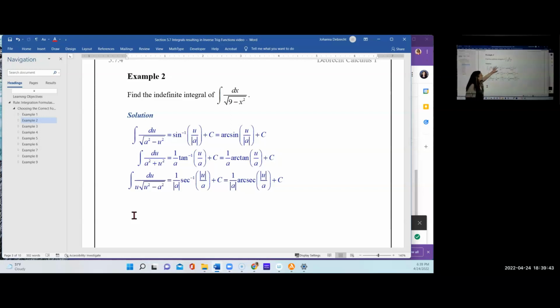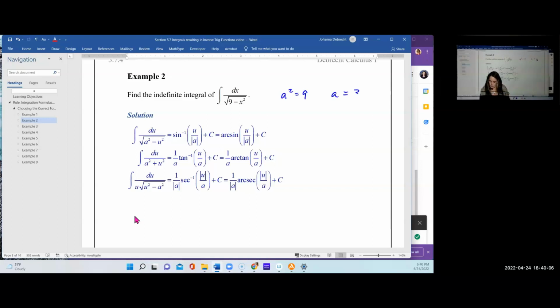We now need to take this original integral and convert each piece until it looks exactly like the formula on the left, up to maybe a constant, so that we can then use the antiderivative function on the right. Looking at the pieces, we can see that a squared must be 9.